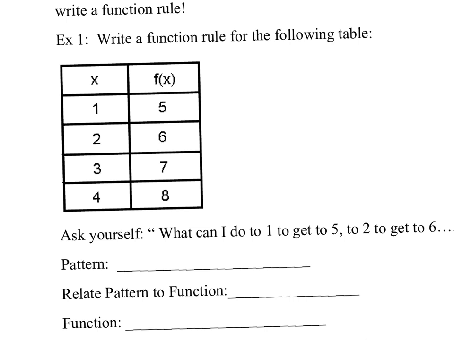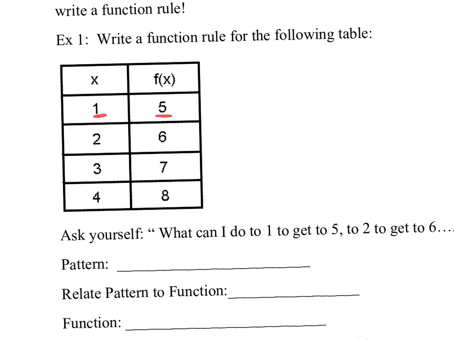But when you get going with these, ask yourself, what can I do to get from the first x to the first y? And if I start by just doing that, don't look at the rest of the table yet, okay? To get from 1 to 5, what are my options? Add 4, multiply by 5, okay? Those are 2. There's probably a billion more, okay? But we'll go ahead and we'll just try those first 2.